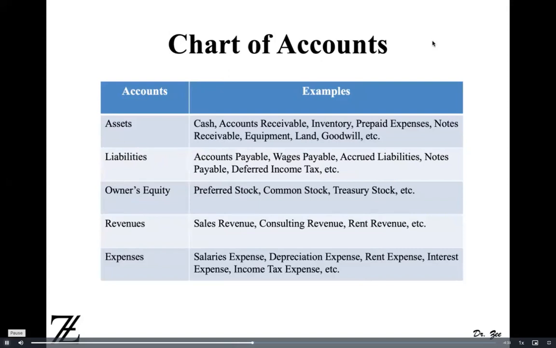The revenue examples are sales revenue, consulting revenue, rental revenue, or any source of revenue that the business is generating. Some examples of expenses include salaries expense, depreciation expense, rent expense, interest expense, income tax expense, utilities expense.